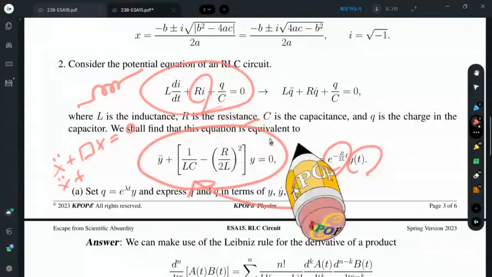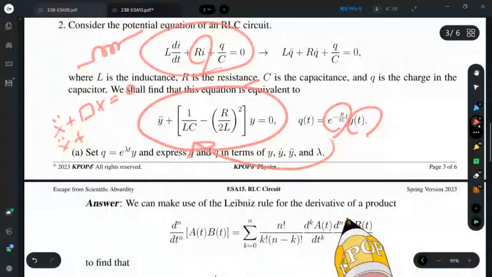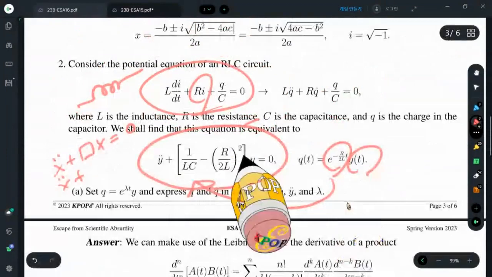That's what I'm going to study today. So let's see if it is possible to reduce this equation into this kind of form.